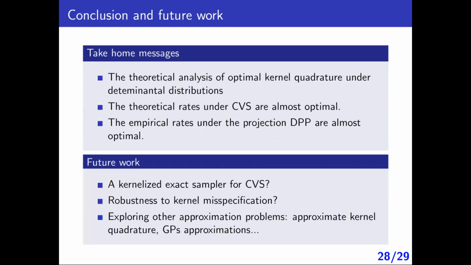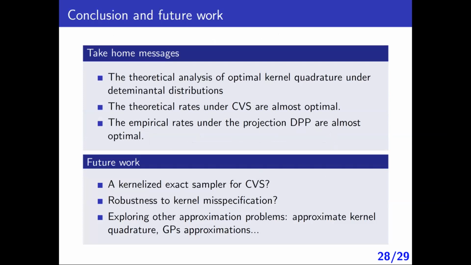We give the theoretical analysis of optimal kernel quadrature under determinantal distributions, and we proved that continuous volume sampling has almost optimal theoretical rates, and we observe this optimality also for projection DPPs empirically.